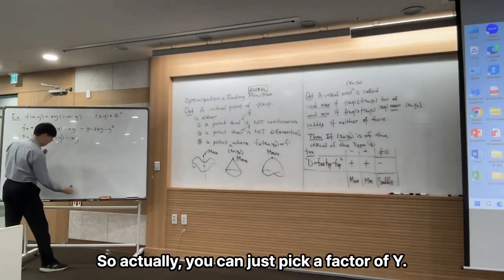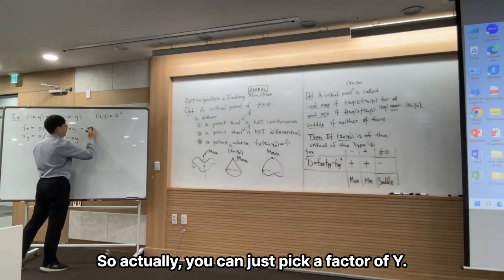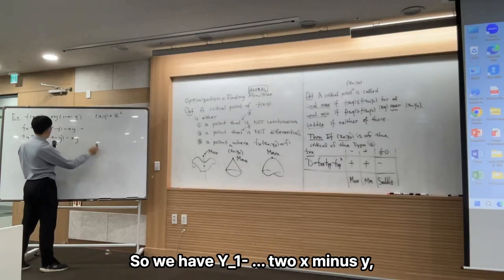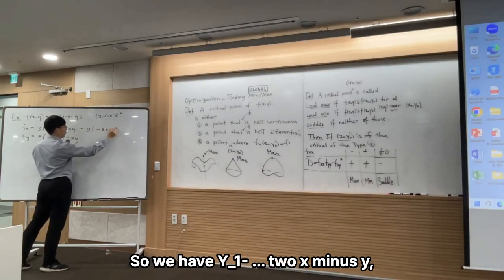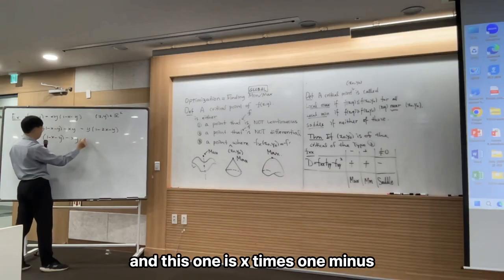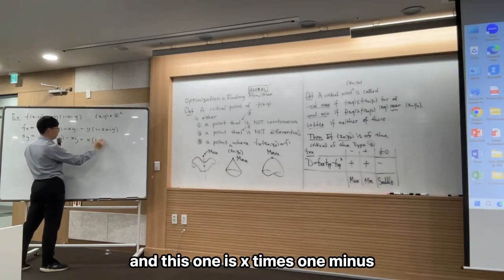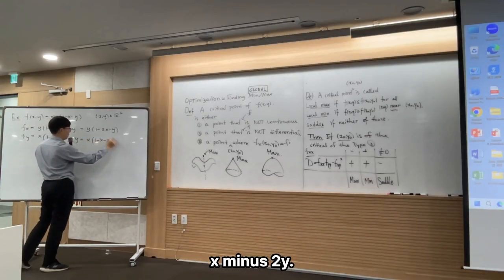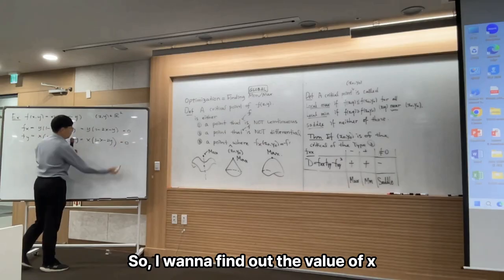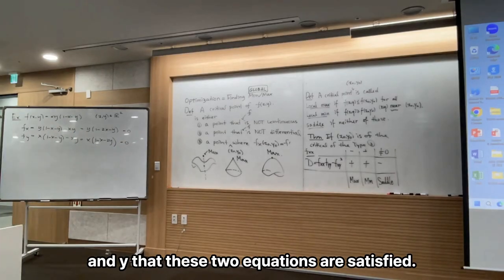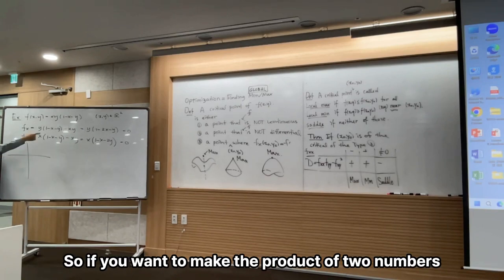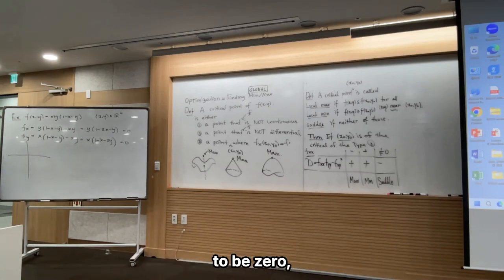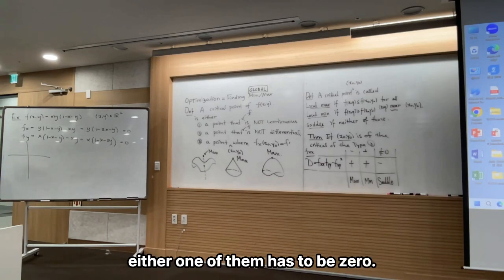So actually, you can just pull out a factor of y. So we have y times (1 minus 2x minus y). And this one is x times (1 minus x minus 2y). So I want to find the values of x and y where these two equations are satisfied. So there are 4 cases, right? If you want the product of two numbers to be 0, one of them has to be 0.